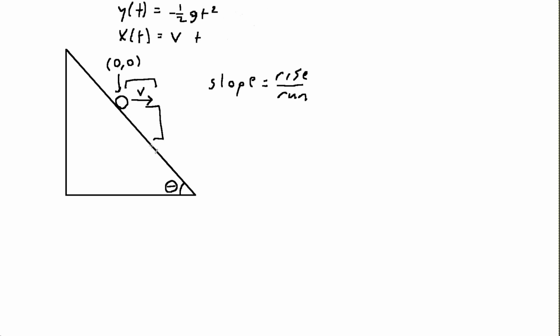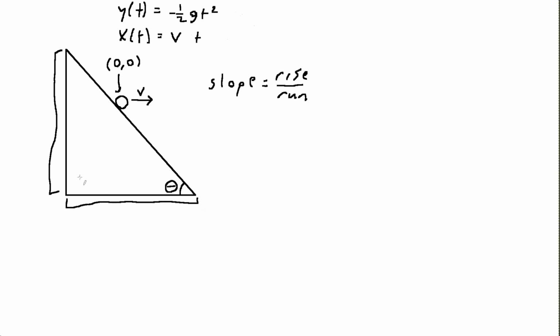Now we want to deal with the slope of the hill, and we want to solve for this in terms of theta. So how do we solve for this in terms of theta? Well, we know that the slope falls this much, and that it goes over this much. So how do we find this ratio? Well, it's actually quite simple.